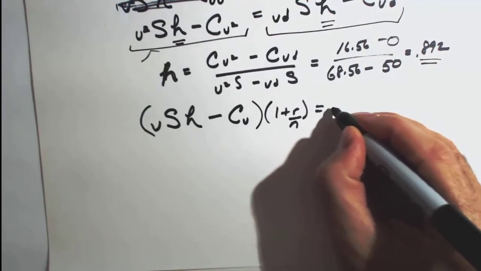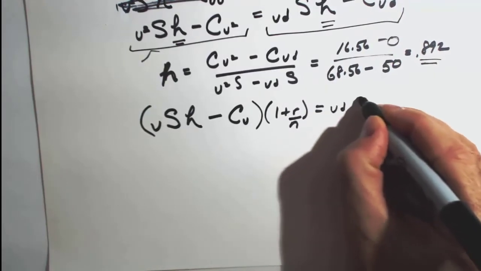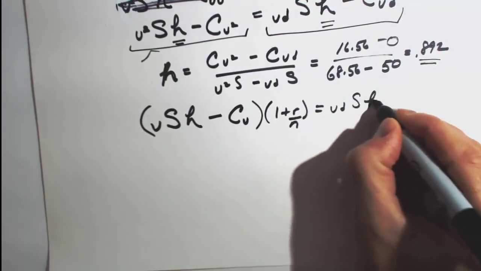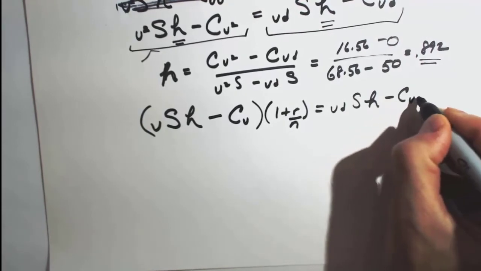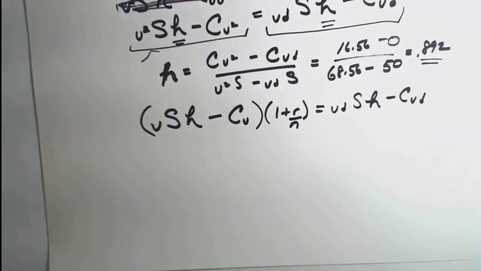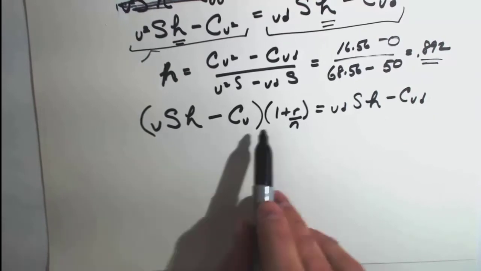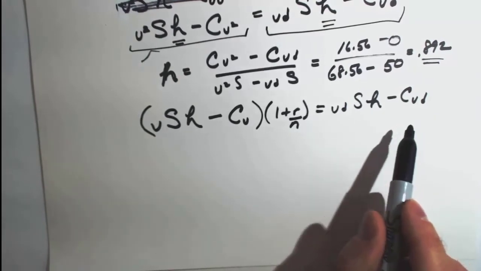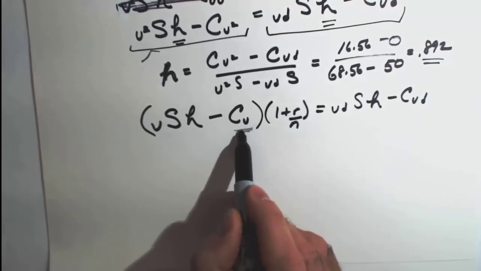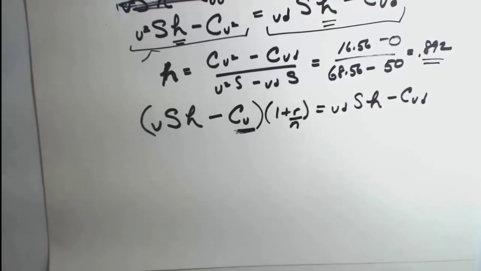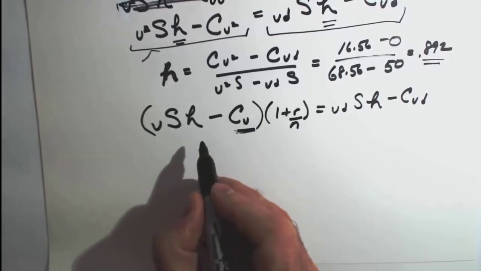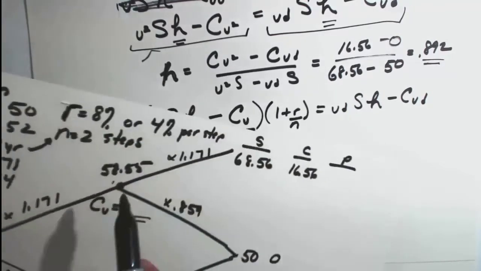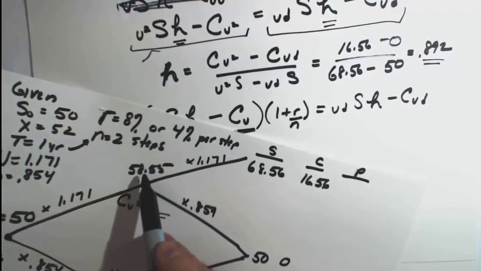So it's UDS H minus CUD. So that's it symbolically. We have everything we need to solve for this guy. It's one equation, one unknown at this point. So let's solve. Plug the numbers in and solve. The price, US, is the 58.55 right here.